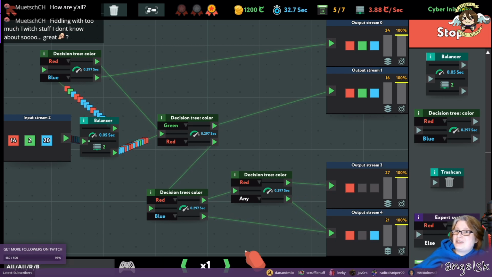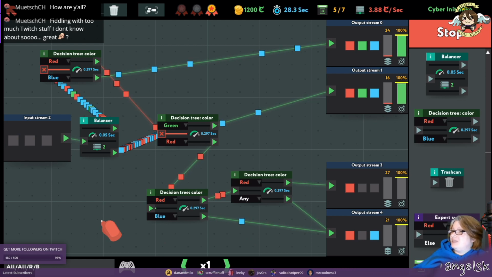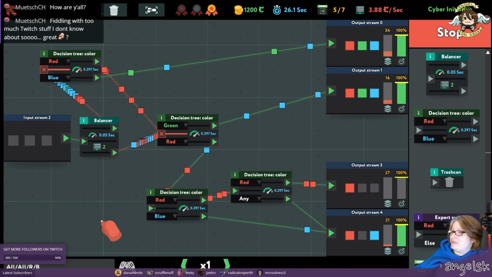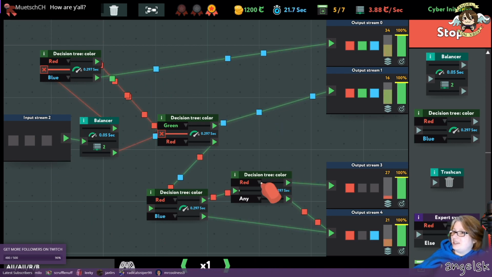You're fiddling with too much Switch stuff you don't have. I feel that. I'm okay. I'm tired, but I'm having fun creating ridiculous sequence diagrams. Learning about machine learning.